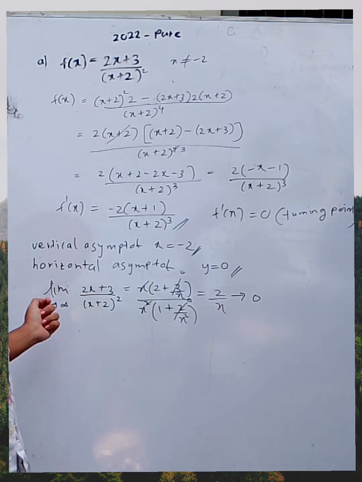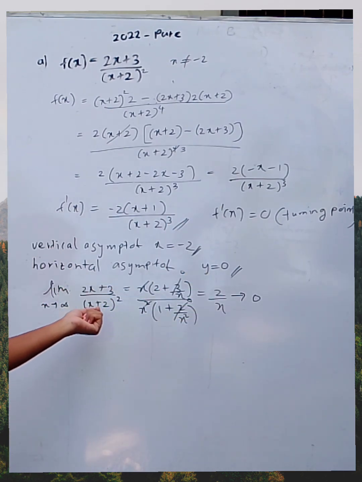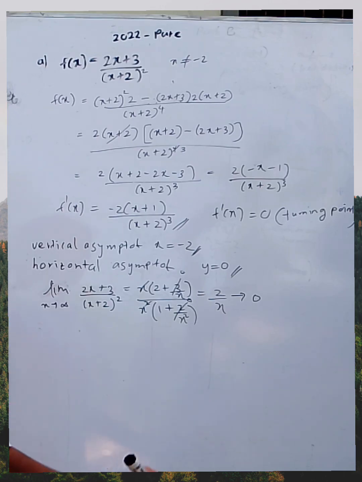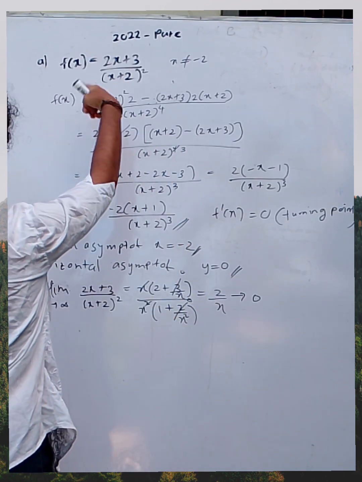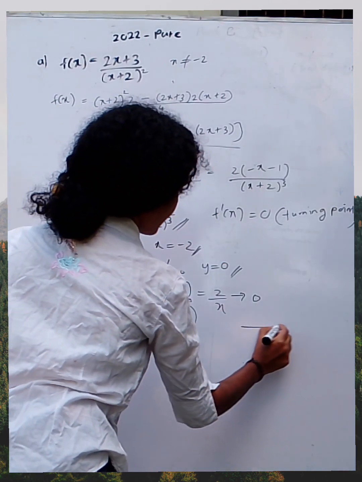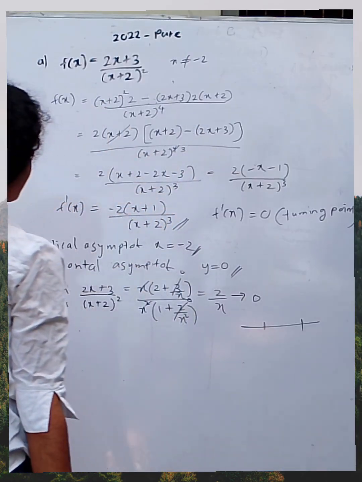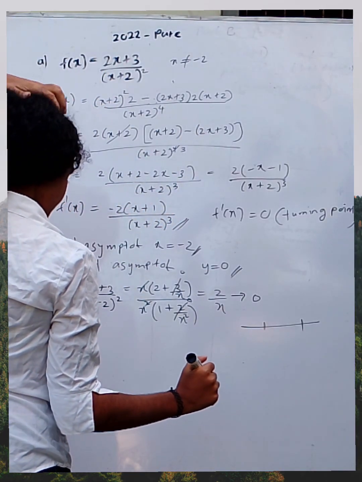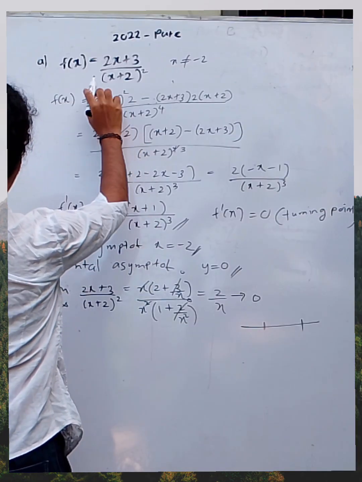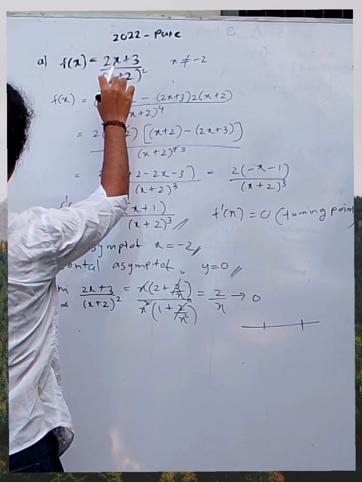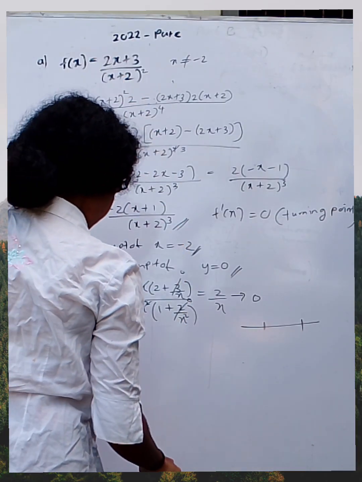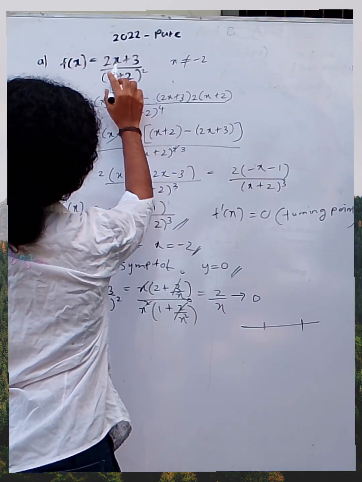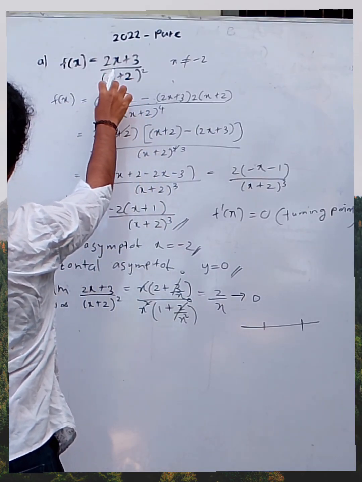Next, other than this, we need to find some more steps here. That is, we need to find the places on the number line where we get x values. There is a 0 here because there's a 2x.